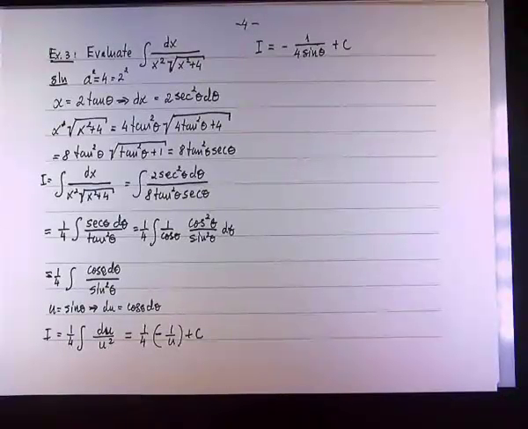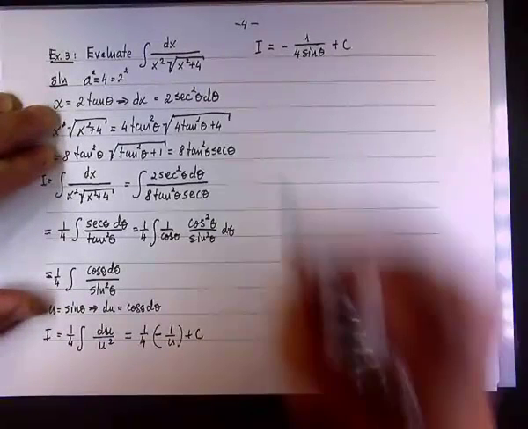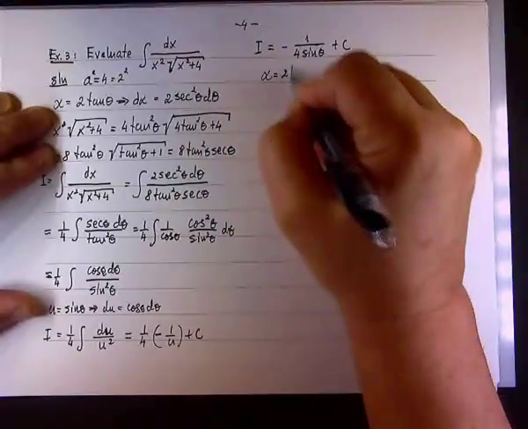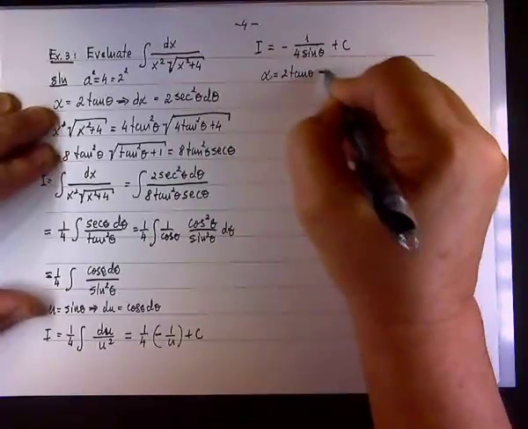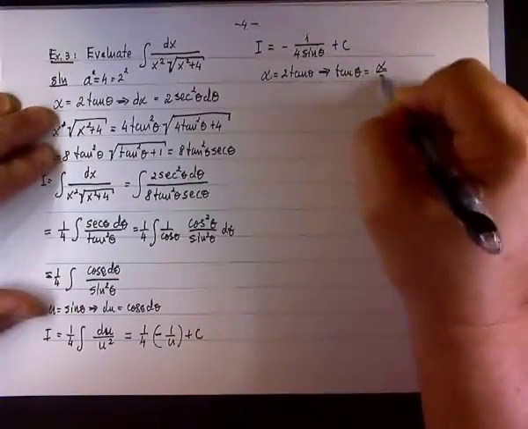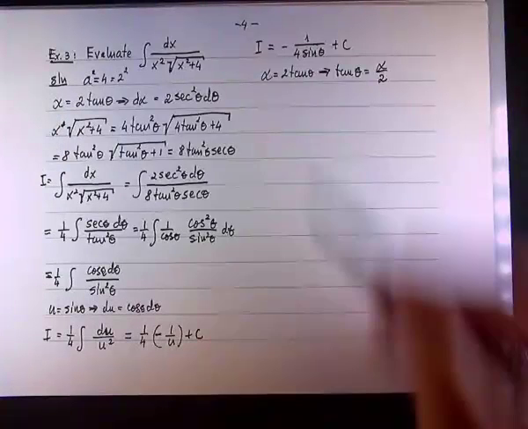But I'm not out of the woods yet. I need now to express everything in terms of x. Go back to the original substitution and say x equals 2 tangent theta. So tangent theta equals x over 2. I need an expression for sine theta.